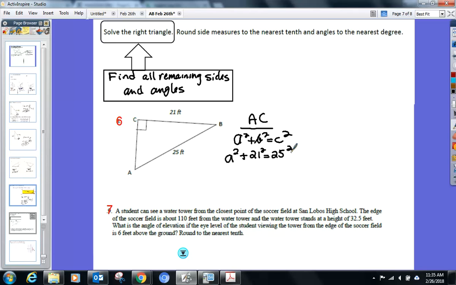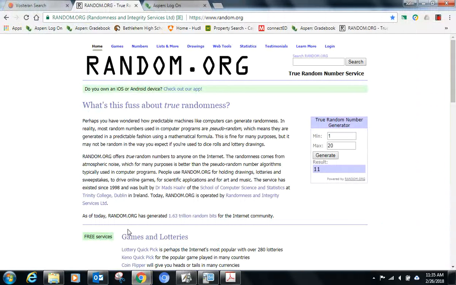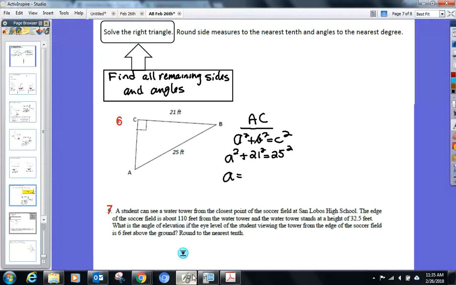Just round the side to the nearest tenth, it says in the directions. And nearest tenth, what is that missing side?